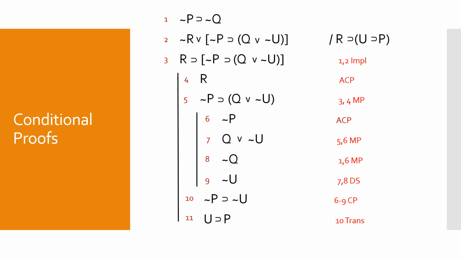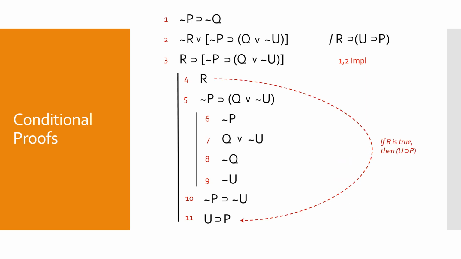At this point, notice line 11 gives us the consequent of the conclusion that we're aiming at. And so at this point, we can return to the original conditional proof, which began with line 4. Remember, line 4 says if R is true, we're making an assumption here. And then all the way through the reasoning, we end up with line 11, which says if U, then P. And now we can just connect that into a conditional statement.